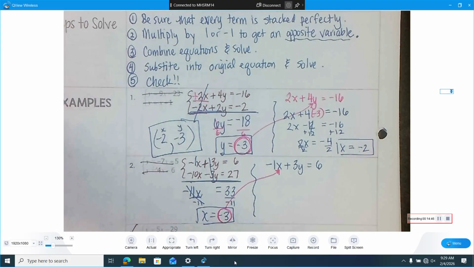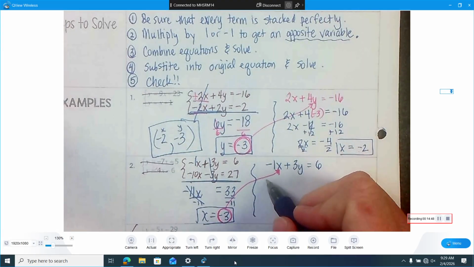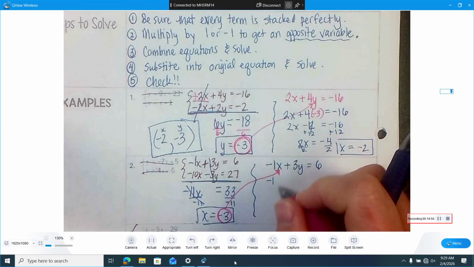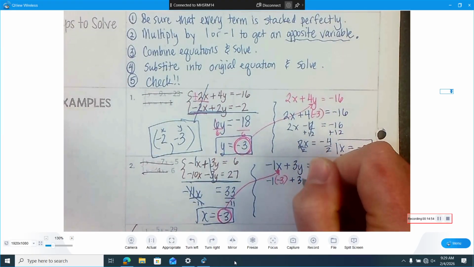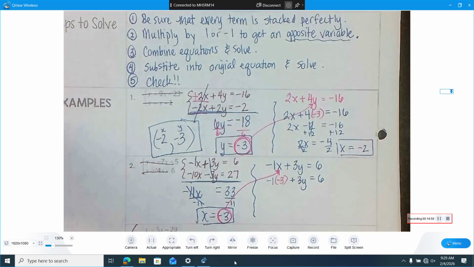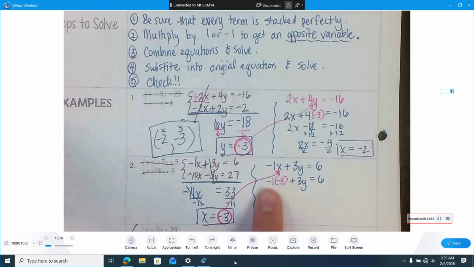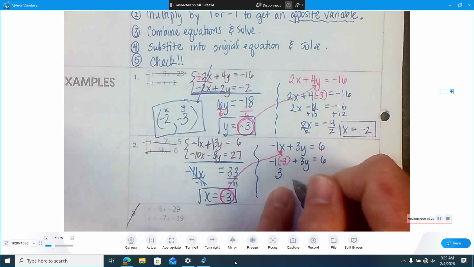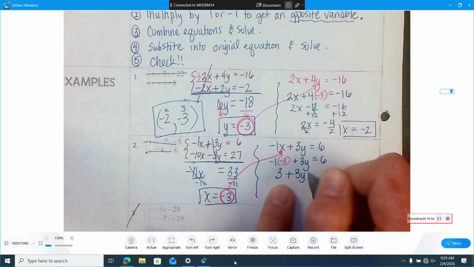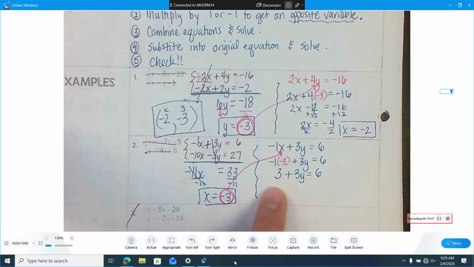So we got to plug her in and then solve. So negative 1 plugging in the negative 3 plus 3y equals 6. Negative 1 times negative 3 is just a positive 3, plus 3y equals 6. And then how do we get y by itself?